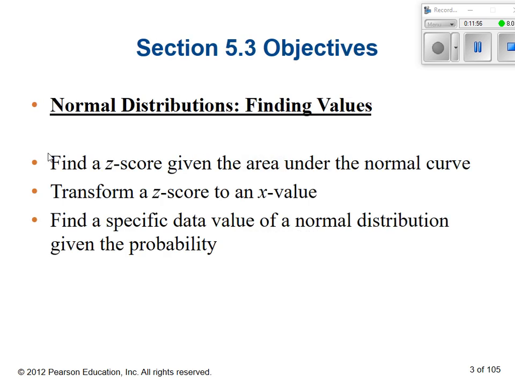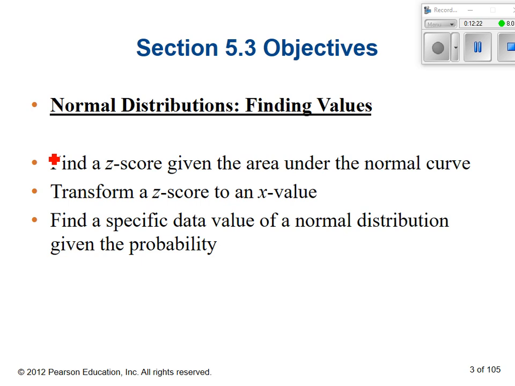So still normal distributions. We're going to find the z-score given the area under the normal curve, and transform that z-score to an x value. Again, we're probably going to let our calculators do a lot of that, but you've got to remember how to do the z-score to x value.